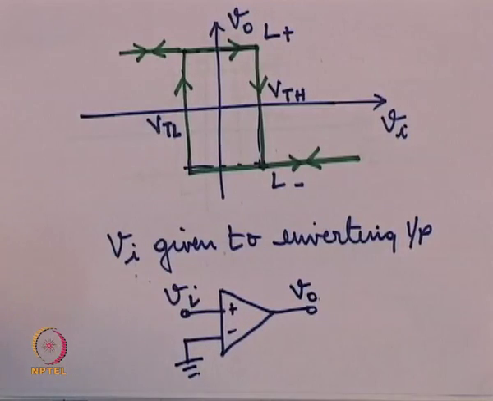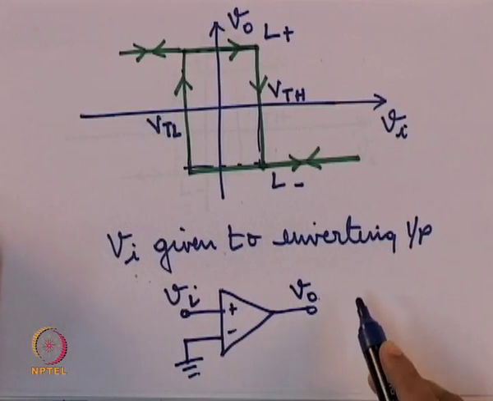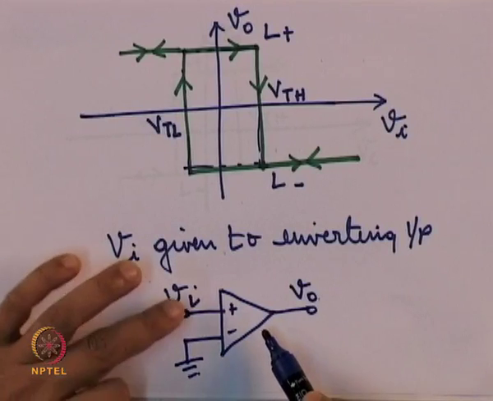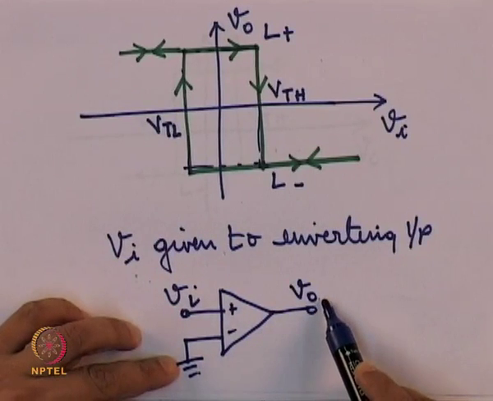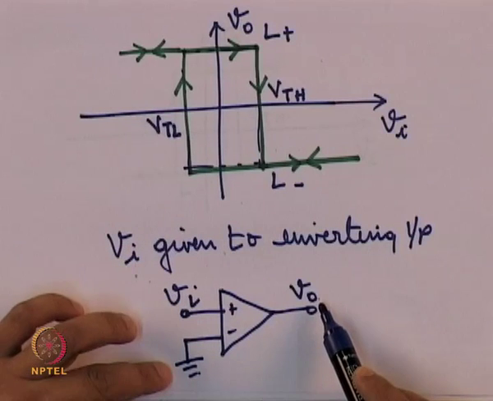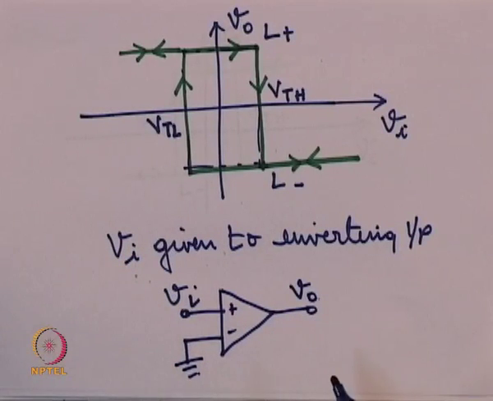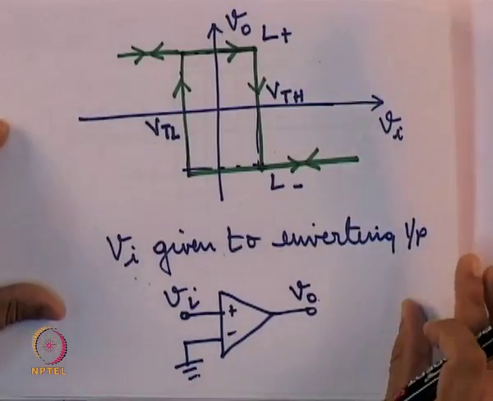This circuit will also cause a transition from L plus to L minus. When Vi is greater than 0, V0 will be L plus. When Vi is lesser than 0, V0 will be L minus. Why not choose such a simple circuit over these more complicated circuits that we are discussing?